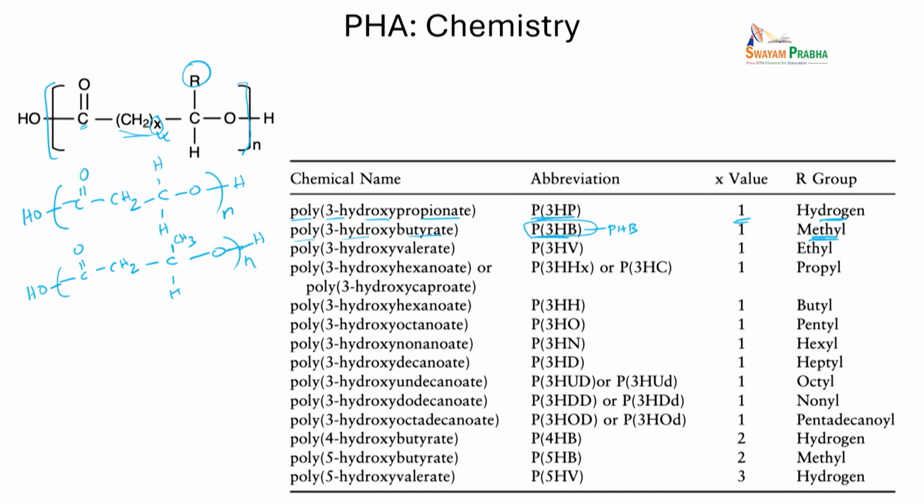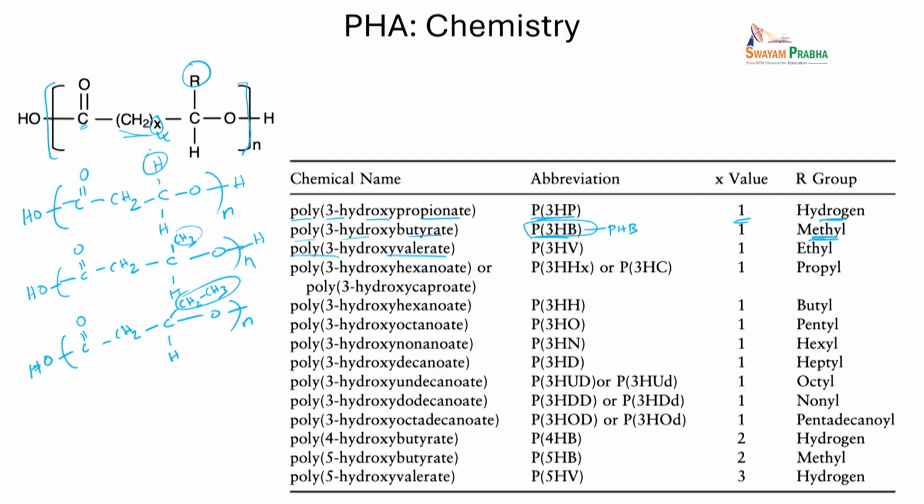Then suppose you make this length larger from methyl to ethyl, then you have polyhydroxyvalerate, which has a structure of COO, CH2, CH. Here you have CH2, CH3. So this is the ethyl group.